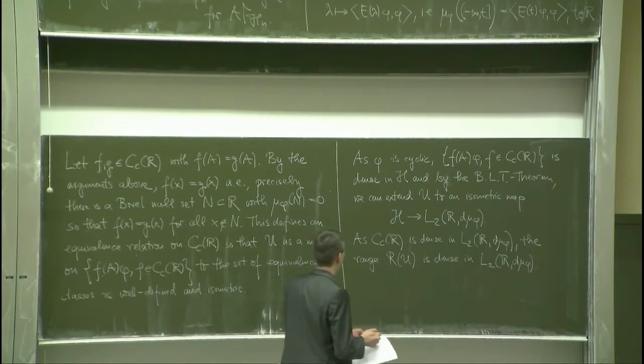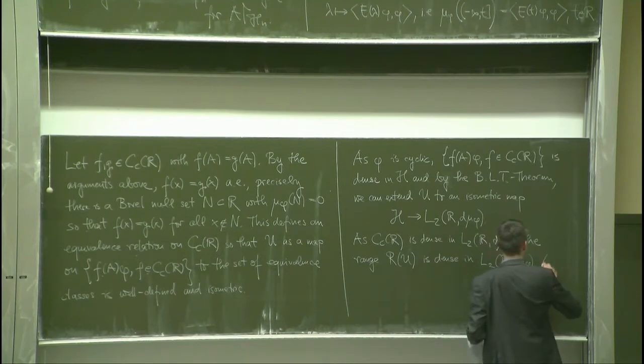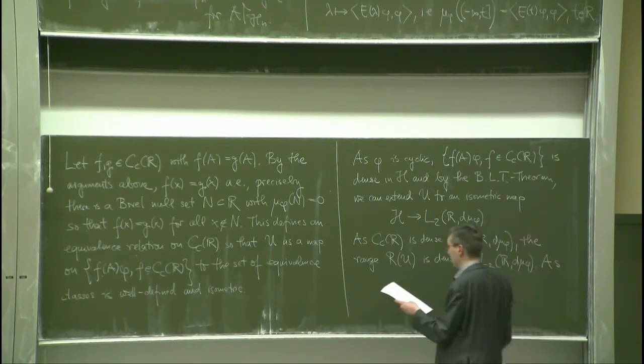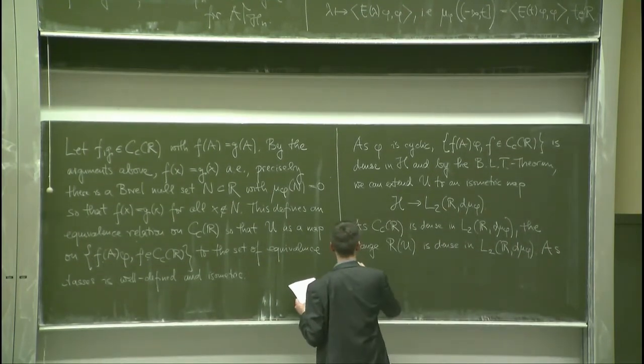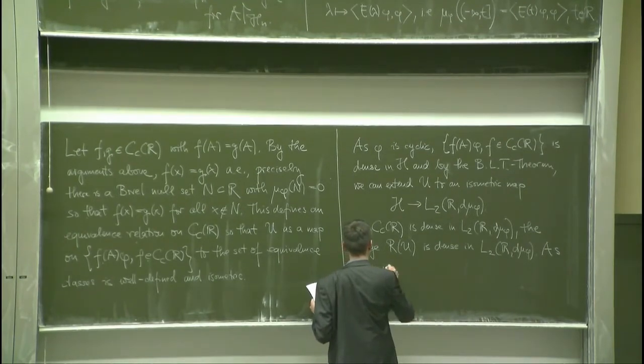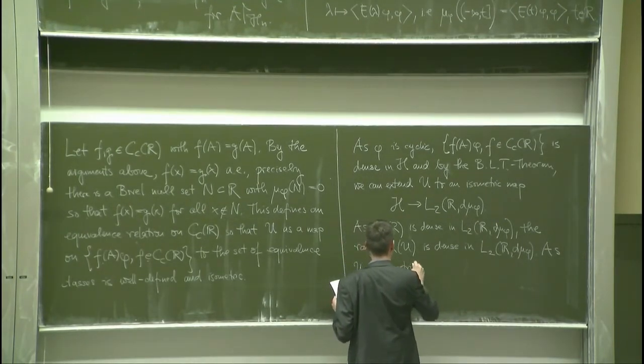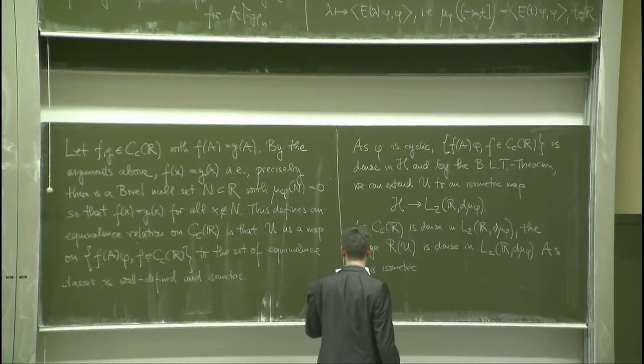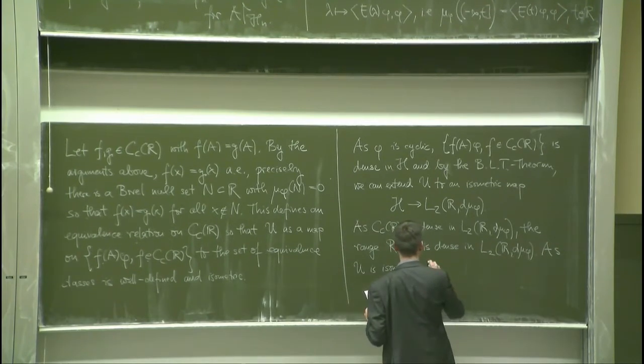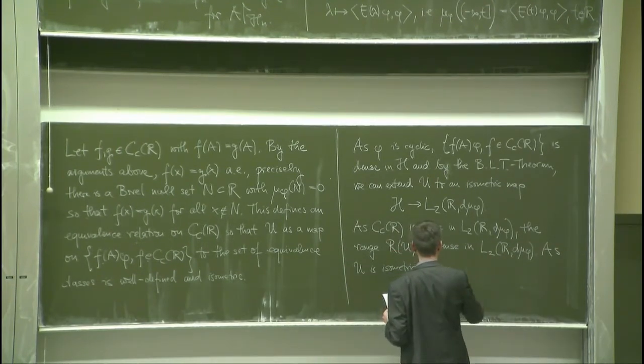And furthermore, as U is isometric, we also find that its range is closed. This is elementary.